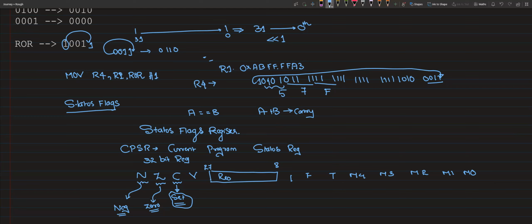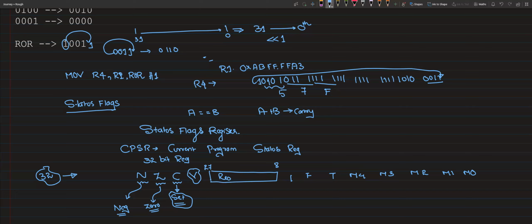And this V flag, we know how many bits we have in the ARM register. It is 32 bit. So when you add two numbers, if the result is more than 32 bit, then we cannot represent it in any register, right? We cannot store that number in any register because all our ARM processor registers are 32 bit, especially the series we have chosen for the discussion.